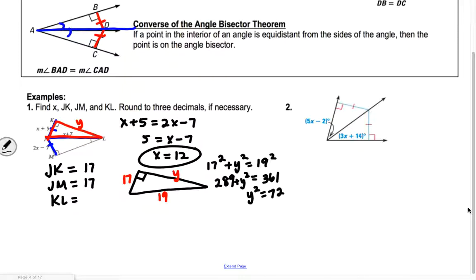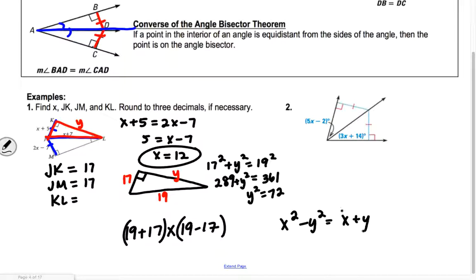It's algebra. I see what you're doing. So you're saying x squared minus y squared factors into x plus y and x minus y? Yeah, so you get there faster? Cool.